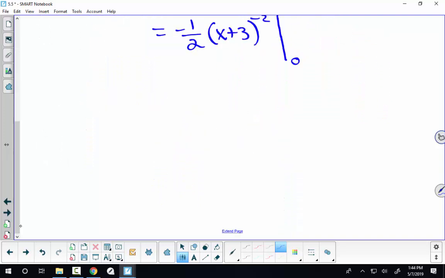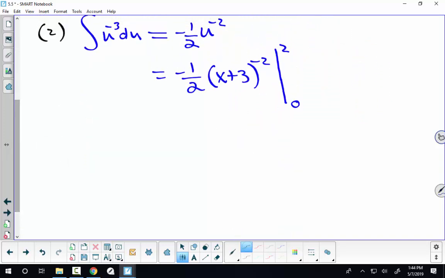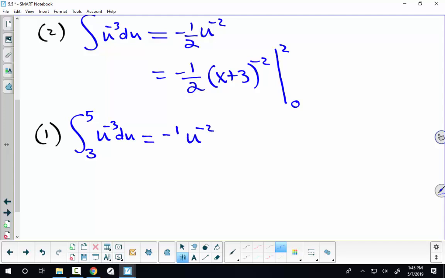So if we put those side by side, u to the negative 2 over negative 2, evaluated from 3 to 5. So really, both of these represent the same net area. It's just you've got to pick which path you're going to take.